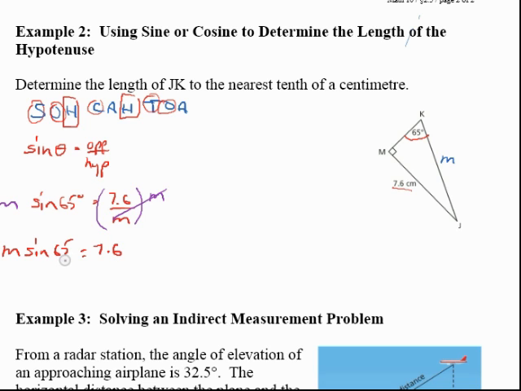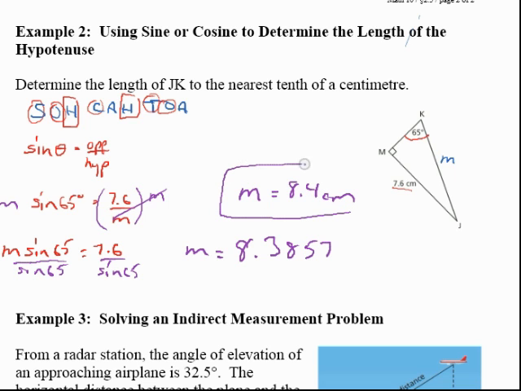And we're going to divide both sides by sine 65, and then it's just a matter of plugging that into our calculator, and we get m equals 8.3857. We were asked to do that to the nearest tenth of a centimeter, so m equals 8.4 centimeters.